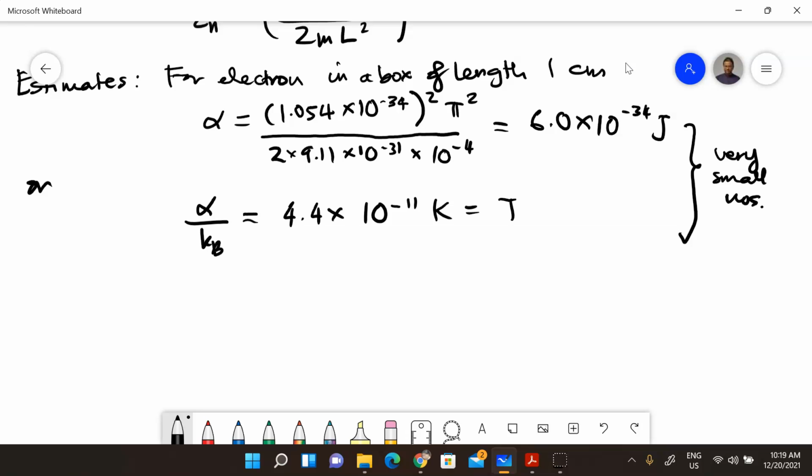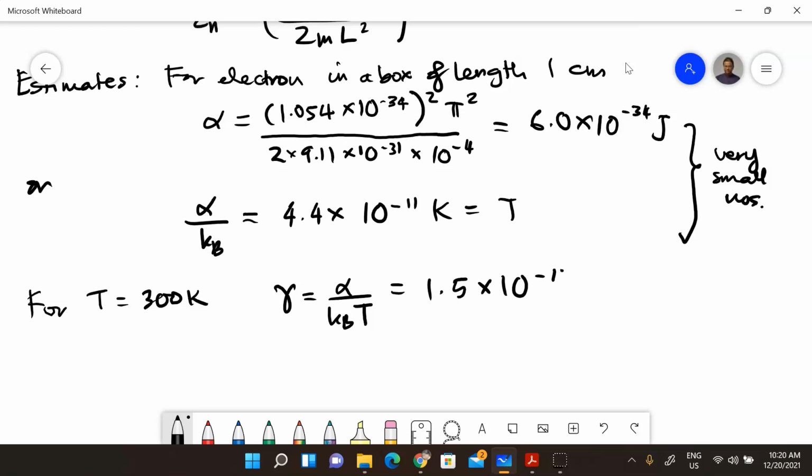For T at room temperature, your alpha over kBT, I'm going to define this constant called gamma, so that you get this dimensionless thing, equals 1.5 times 10 minus 13.